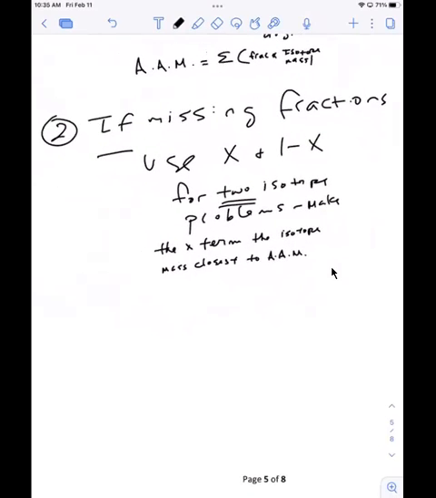If you have multiple isotopes, then you're going to have to be given at least one of the fractions.